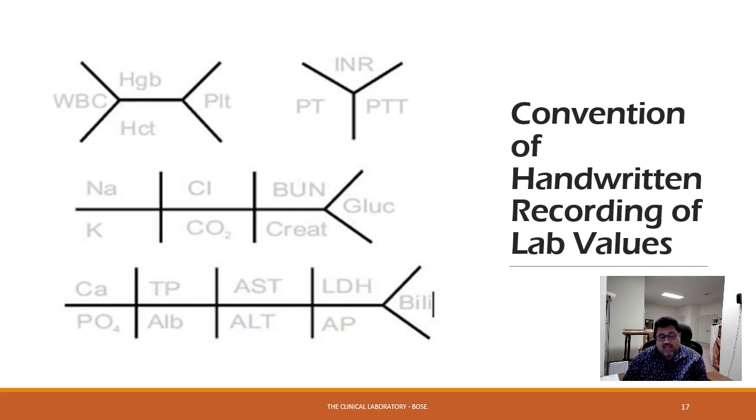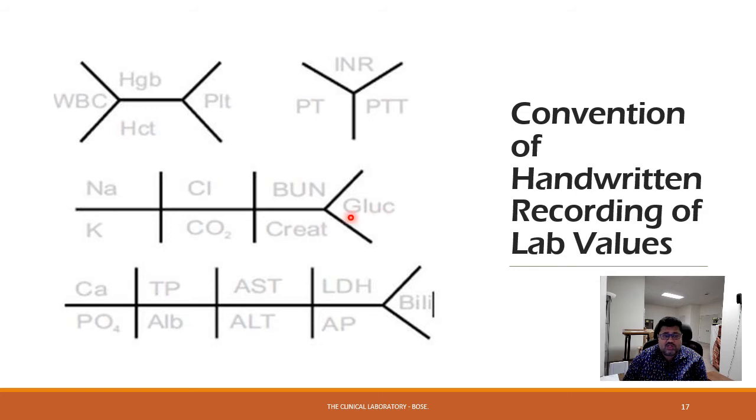Now, the handwritten conventions are shown here, and you will notice that the first one up here is for blood values: hemoglobin, hematocrit, white blood cells, and platelets. The second one is reporting prothrombin time, tissue thromboplastin time, and INR, which is international normalized ratio.